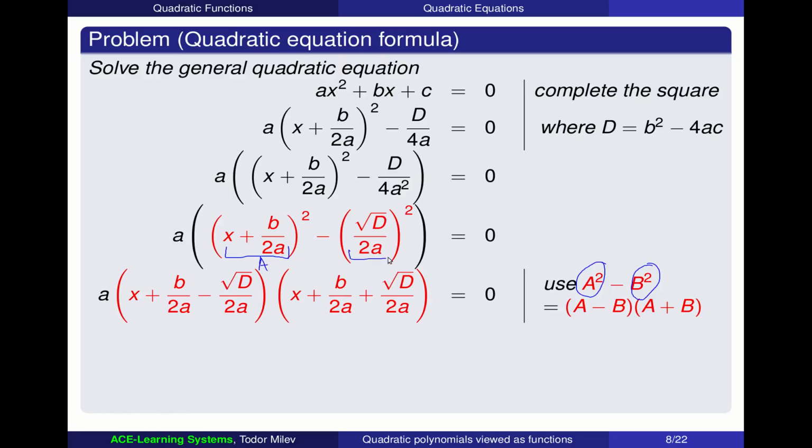And this expression here, I can call it b, and then this whole expression becomes b squared. So I'm having a squared minus b squared. And I remember that a squared minus b squared can be factored as a minus b times a plus b.